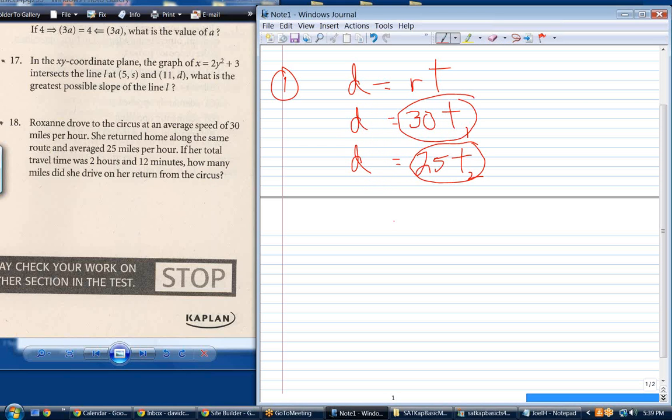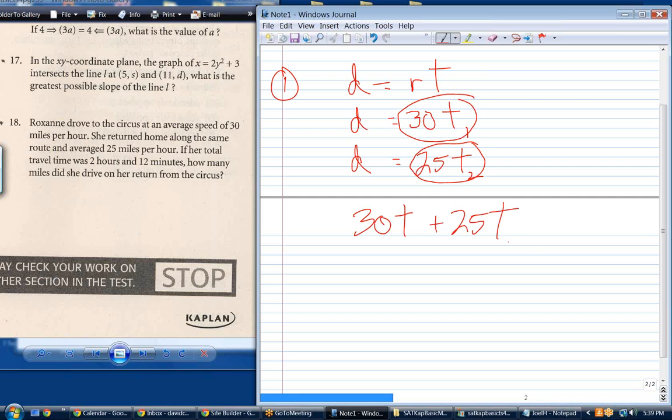So what's the total distance? 30t plus 25t equals d. Now, notice that if I rearrange this, the total time is equal to d over the rate.